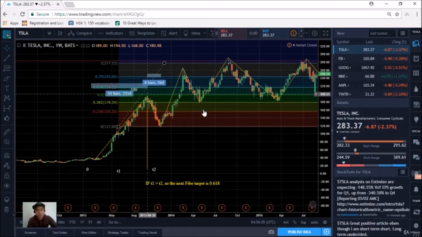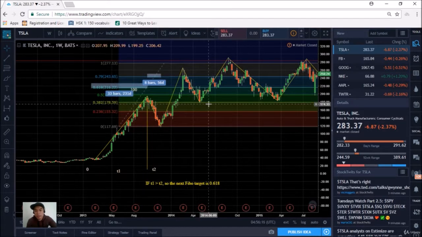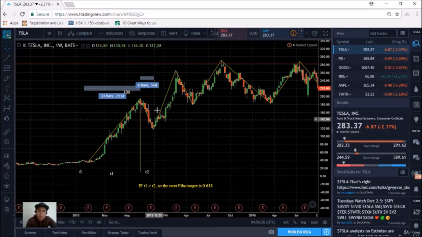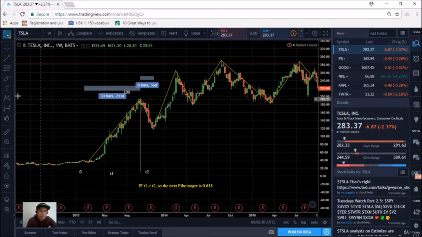We take this, it just hit its target, 0.618. Now you can see that it achieved its target. After it achieved its target, it started to retrace. Now for this line, the Fibonacci hit its target up.